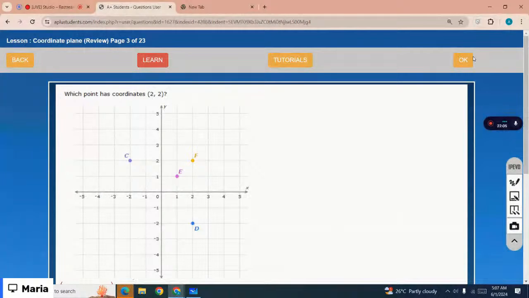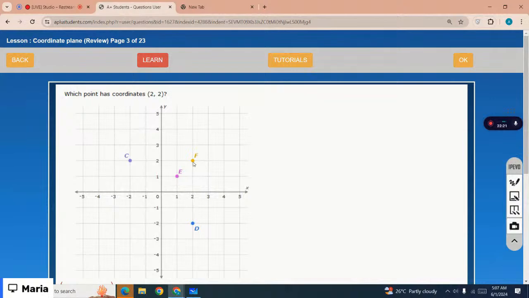Which point has the coordinates 2, 2? X is 2 and y is 2.